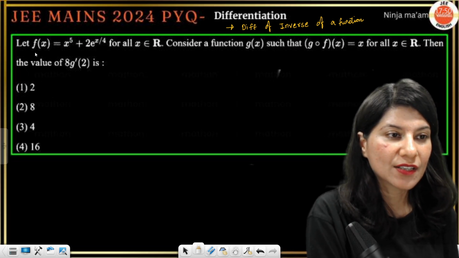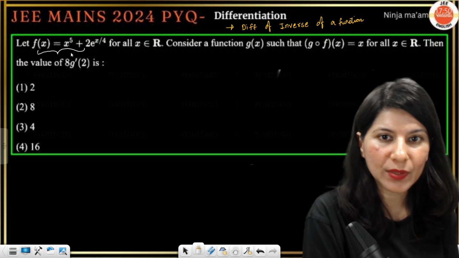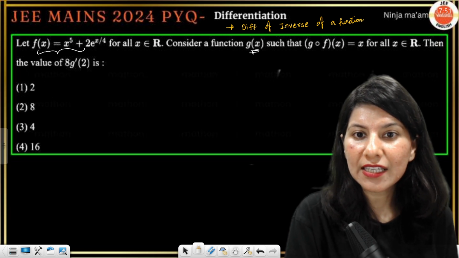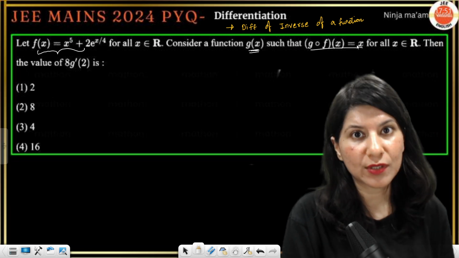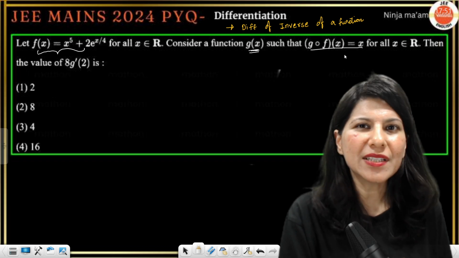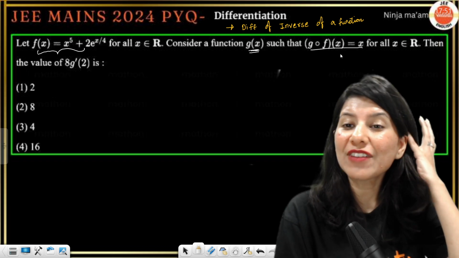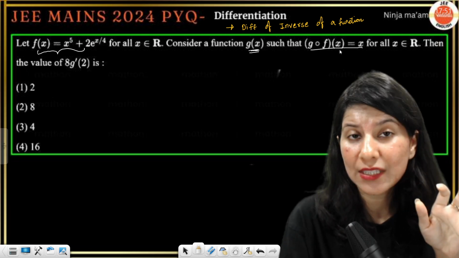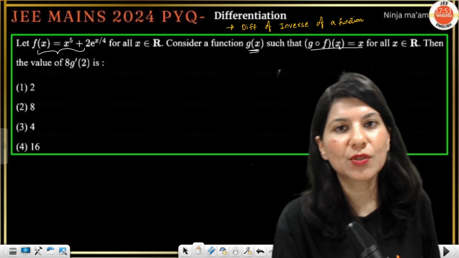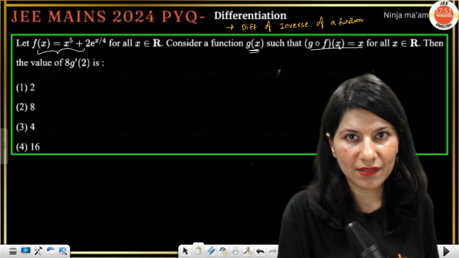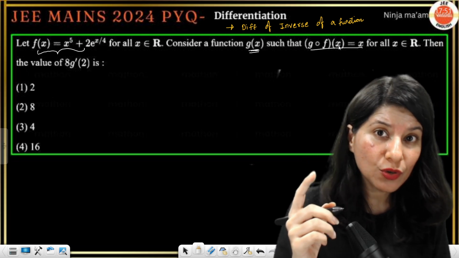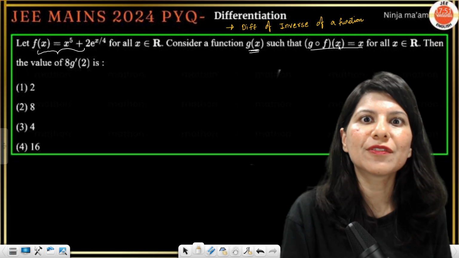So in this question, f(x) is given and there is a function g(x) in such a way that g(f(x)) is equal to x. That means basically g and f are inverse of each other. Sometimes they do not give g(f(x)) equals x. Sometimes they just tell you g equals f inverse or f equals g inverse. If they give you that condition also, that also means that g(f(x)) is x.